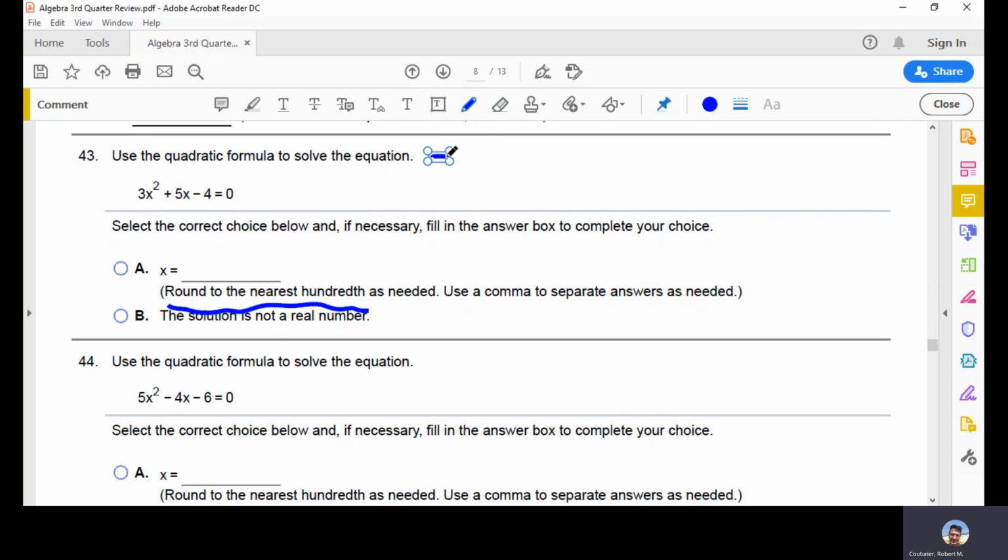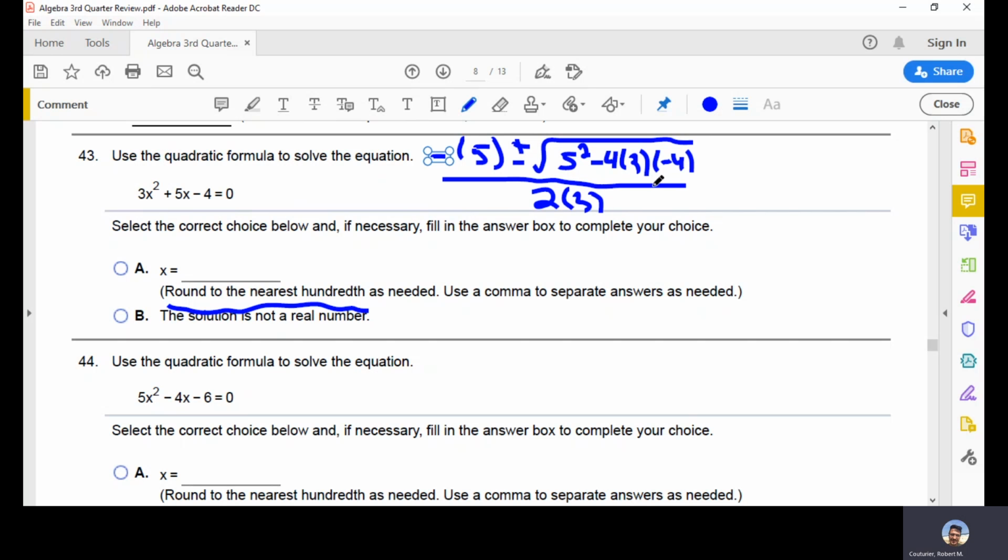So the opposite of 5 plus or minus the square root of 5 squared minus 4 times 3 times -4, all divided by 2 times A, and A was 3.